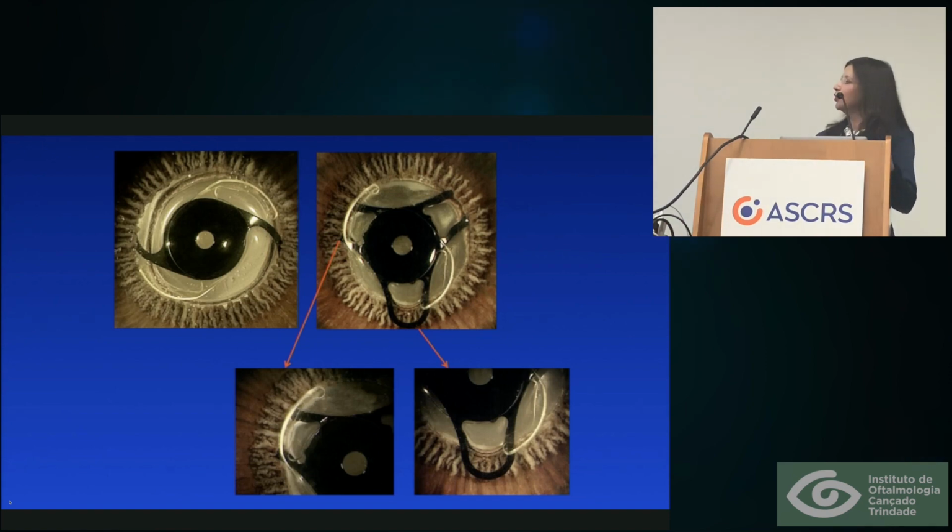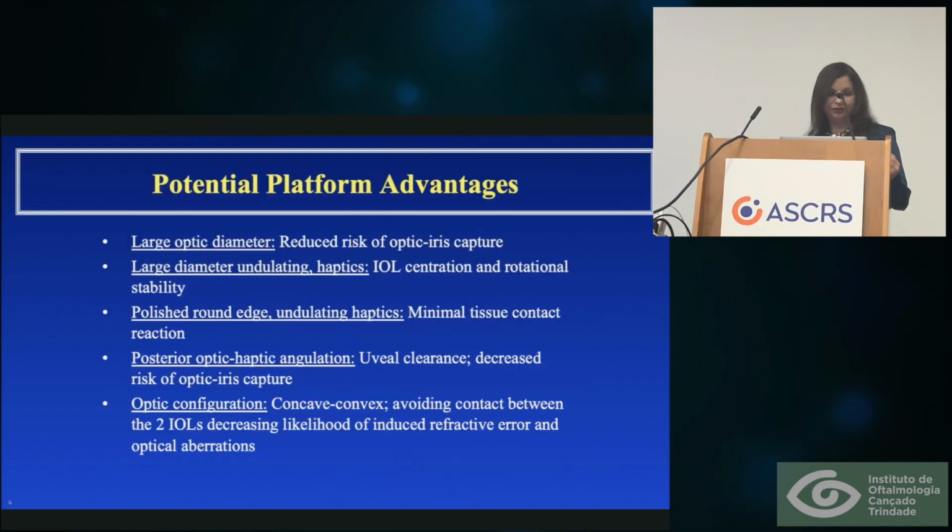But with the tripod, it seems that sometimes if there is a small area with a fragility of the zonules, there is a little bit more chance for one of those closed loops to go through it, and then it's located in front of the ciliary processes, so you may have a slight tilt. So it's still centered, but you may have a slight tilt. So that was what was happening.